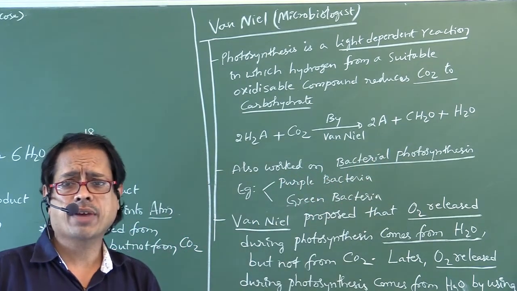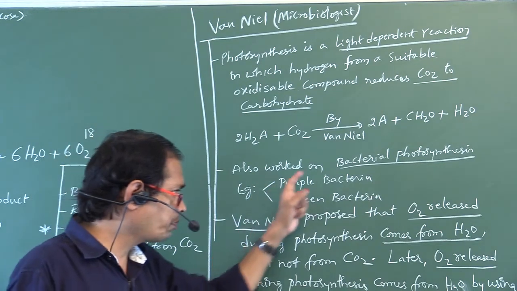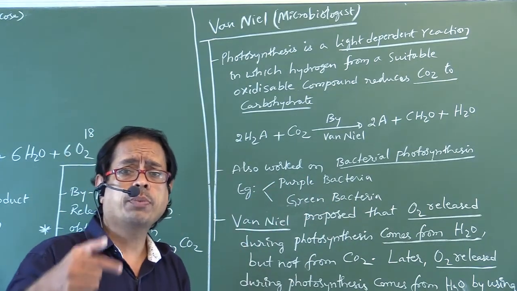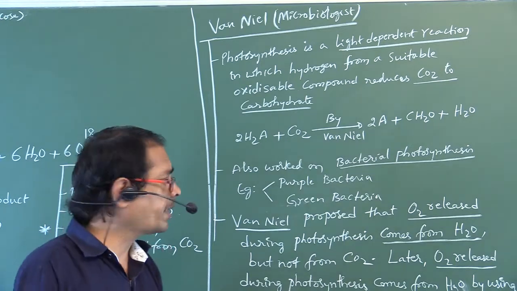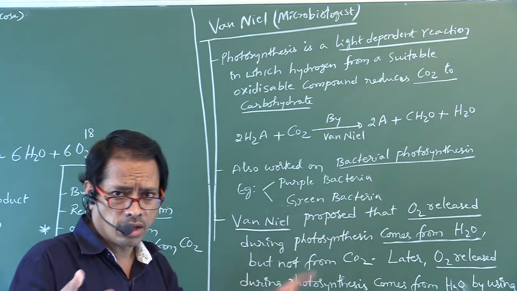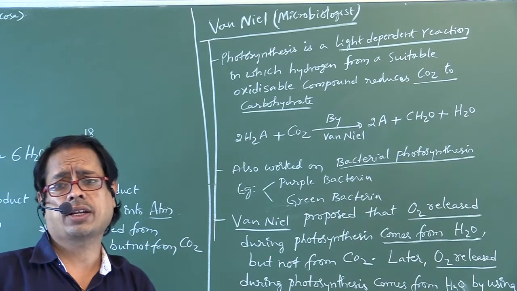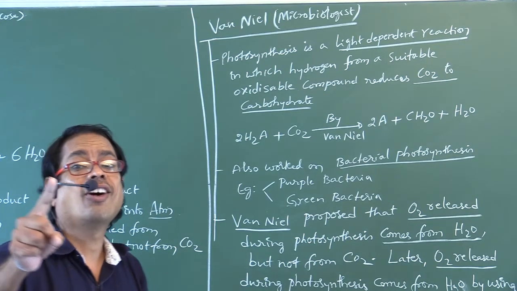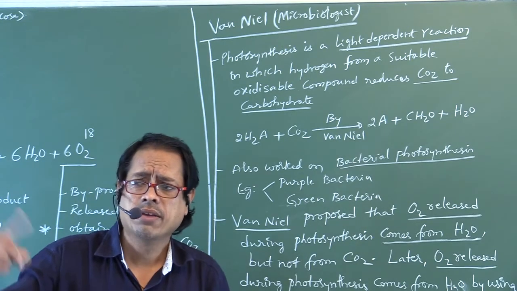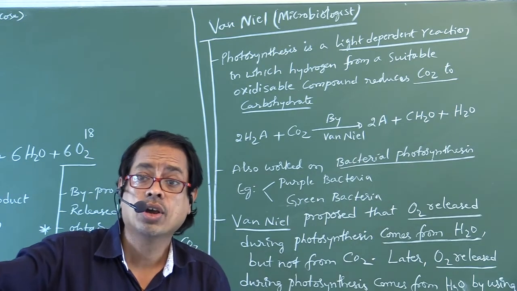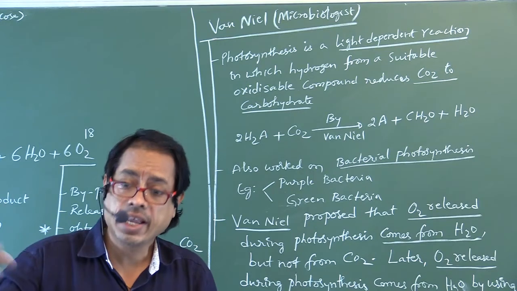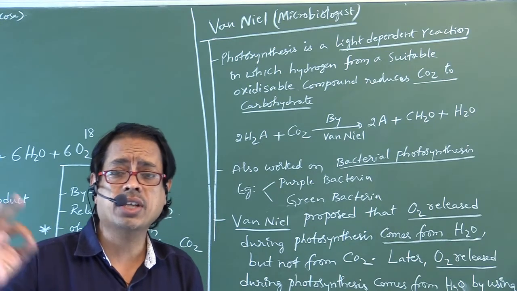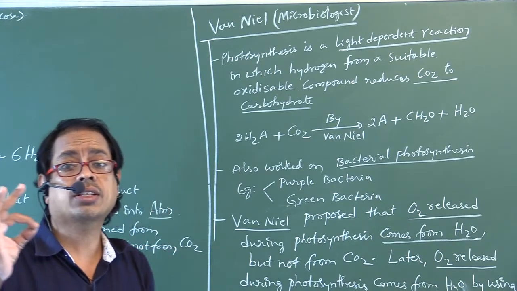What are the different types of photosynthetic bacteria? Purple bacteria and green bacteria, also called purple sulfur photosynthetic bacteria and green sulfur photosynthetic bacteria. Sulfur means sulfur is released instead of oxygen. In plants, when photosynthesis occurs, oxygen is evolved, whereas in bacteria, sulfur or sulfate is evolved.